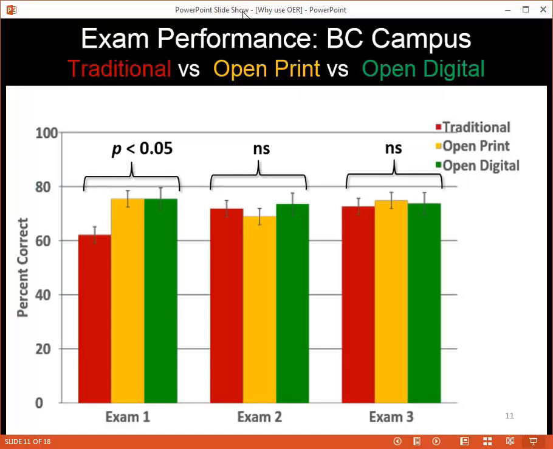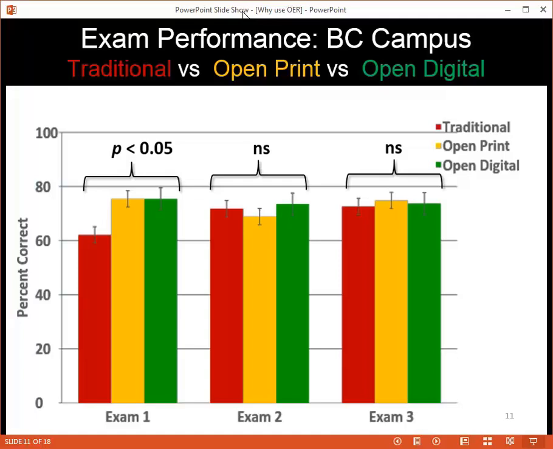Some got the traditional paper book that they have been using, some got the open book but in digital format only, and some got the open book with the print option. And you can see that overall the students did as well in all 3 of the groups. So the open textbook helps students learn just as well as the expensive textbook.